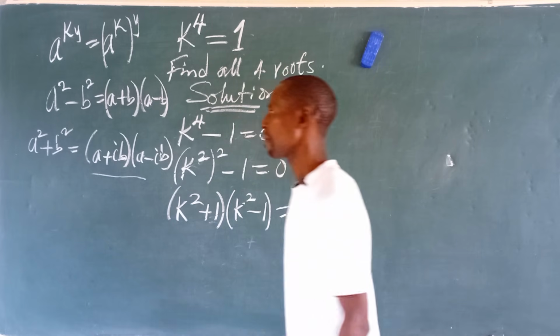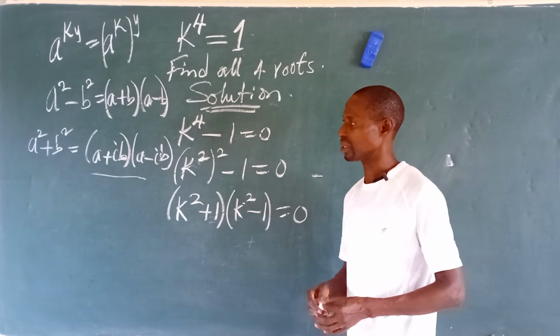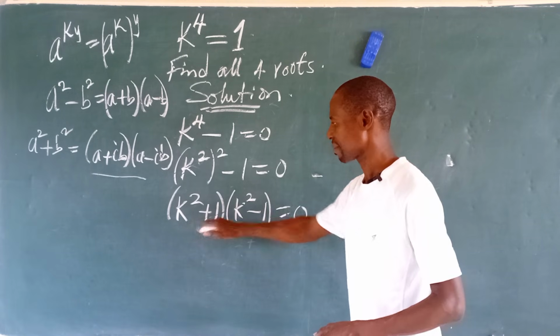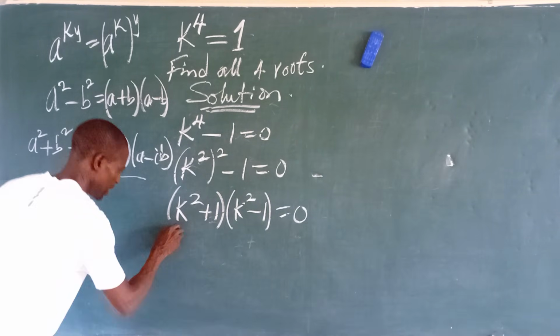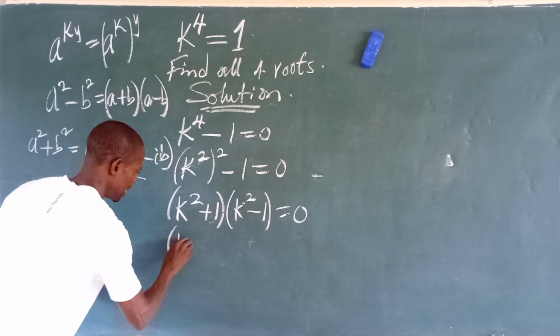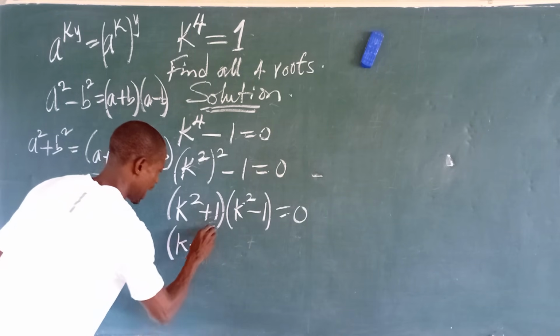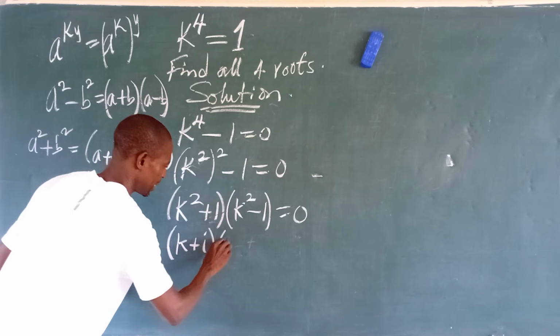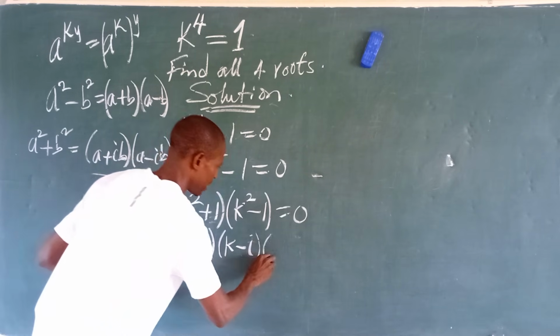This is what we call the sum of 2 squares. Good. So the sum of 2 squares can be applied here, while difference of 2 squares can be applied here. If we do that, we're going to have bracket k plus iota, bracket k minus iota, close bracket.